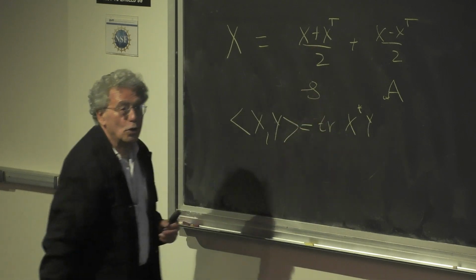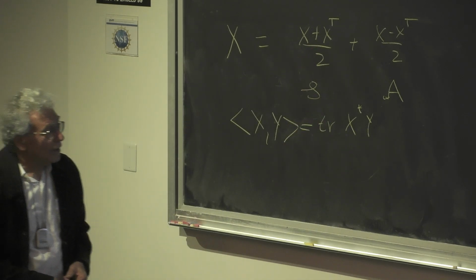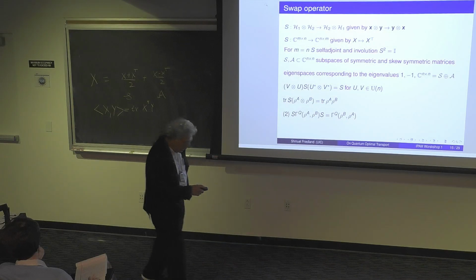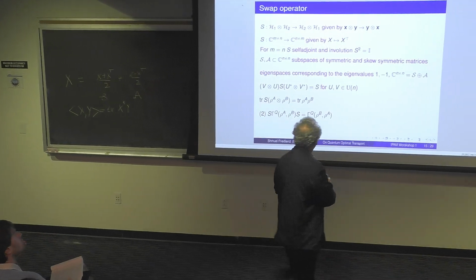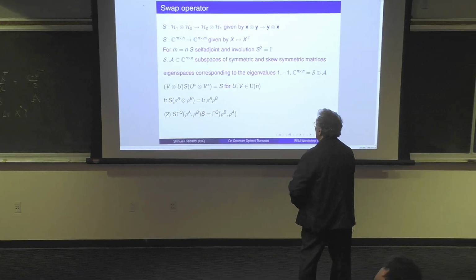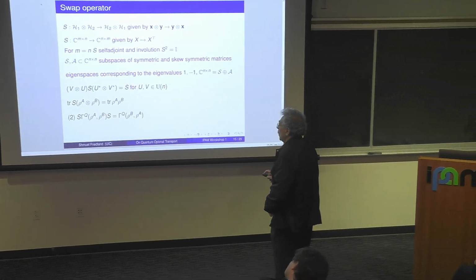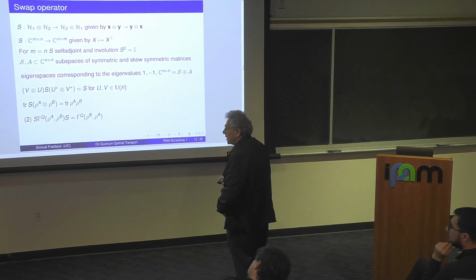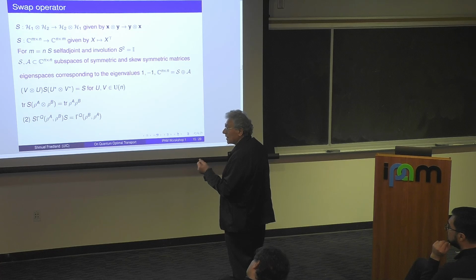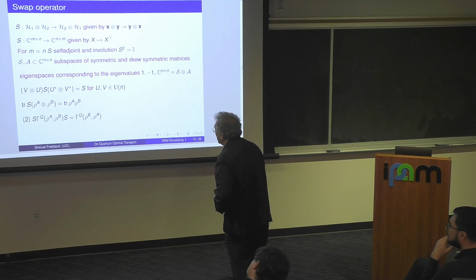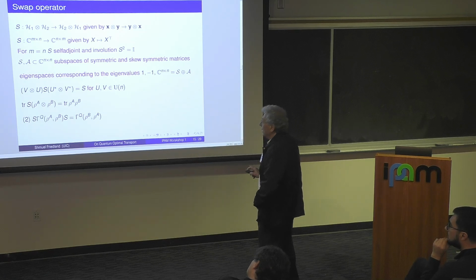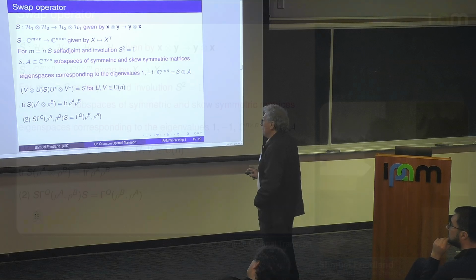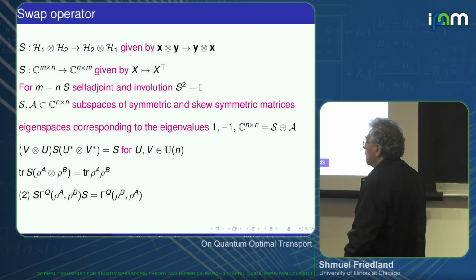These are two orthogonal spaces, and therefore the eigenspace corresponding to S, the symmetric ones, is this, because when you take a symmetric matrix and its transpose, it's still the same one. But if you take a skew-symmetric matrix, the transpose gives minus 1, which corresponds to the eigenvalues plus and minus 1.